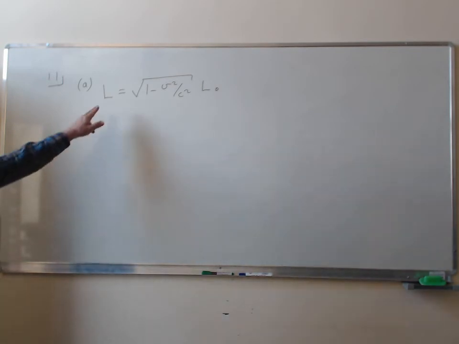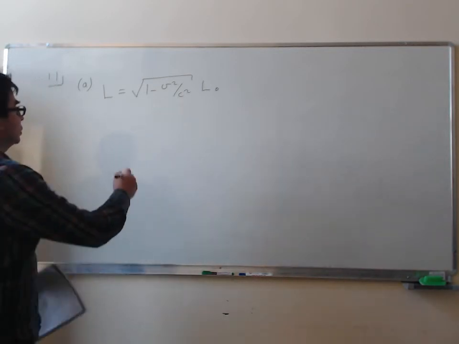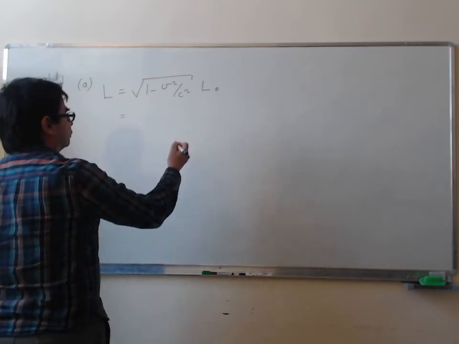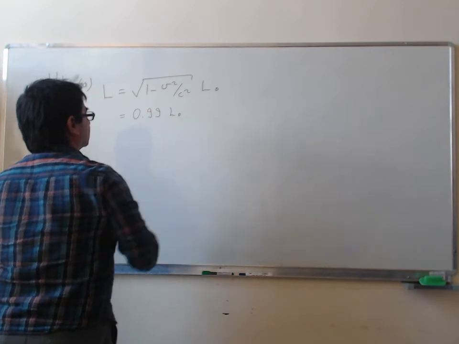And this is the contracted length as measured by a moving observer, an observer moving with v with respect to the object. Okay, so we want this to differ from the original by 1%. This is going to decrease. Right, this is a number less than 1. So at the limit of 1%, it's going to be 0.99, 1% less than 1.